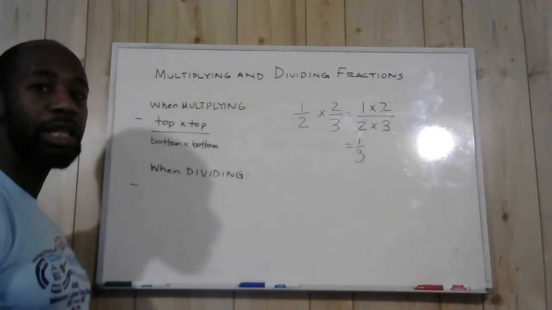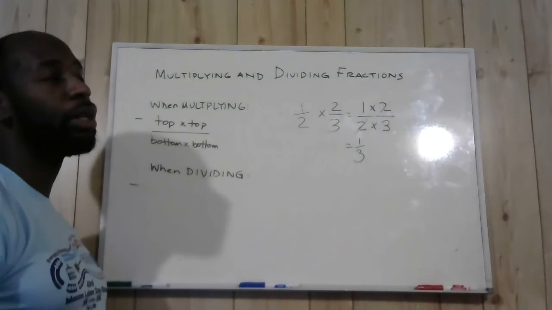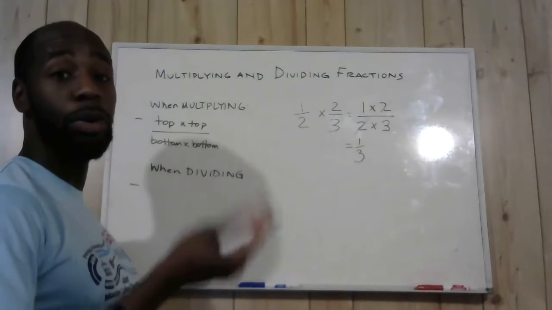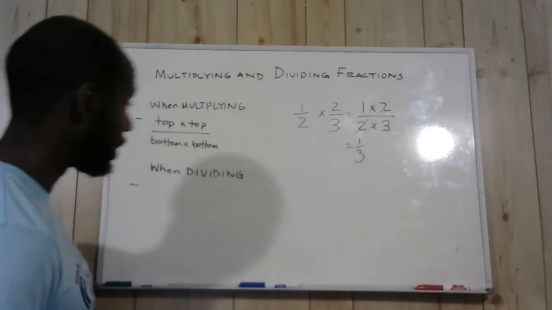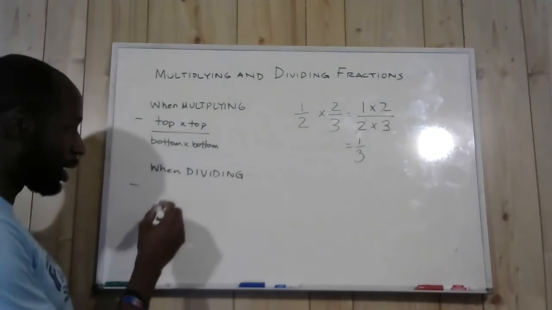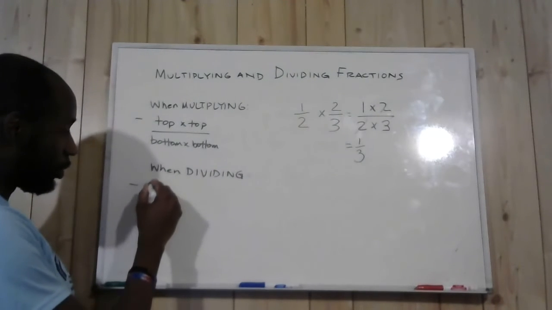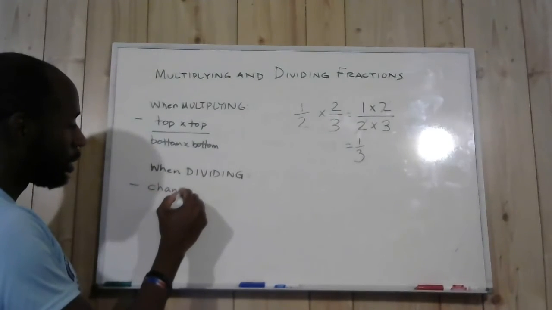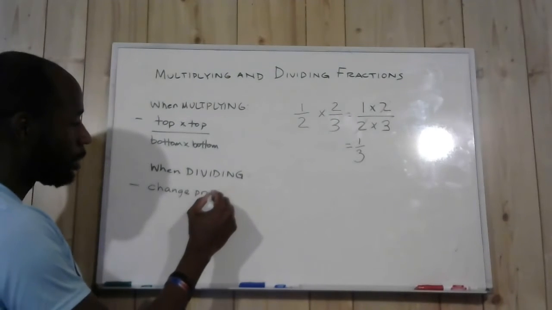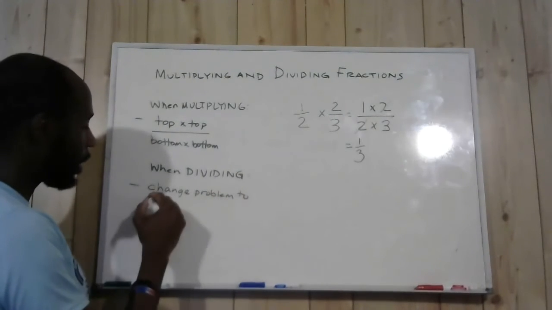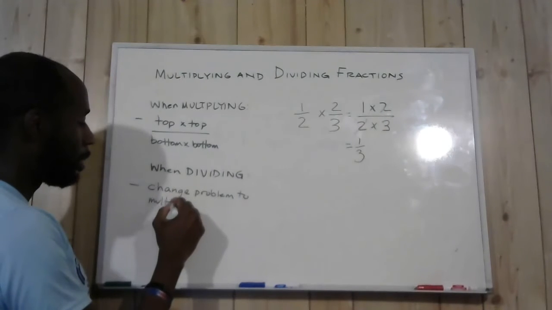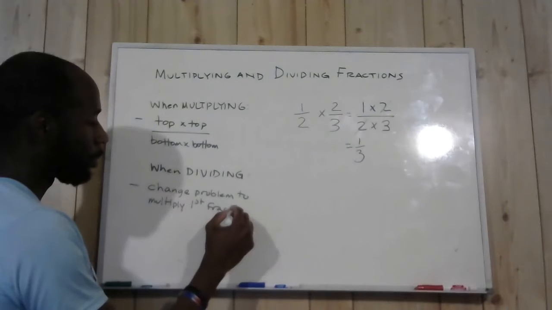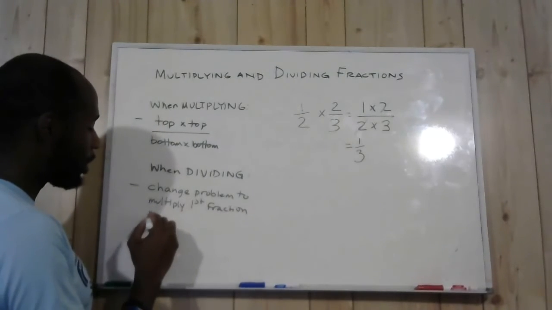When you divide fractions, it's the same thing as multiplying the first fraction times the reciprocal, or the flip version, of the second fraction. So, let me just write it out. When you divide fractions, you change it to multiply the first fraction by the reciprocal.